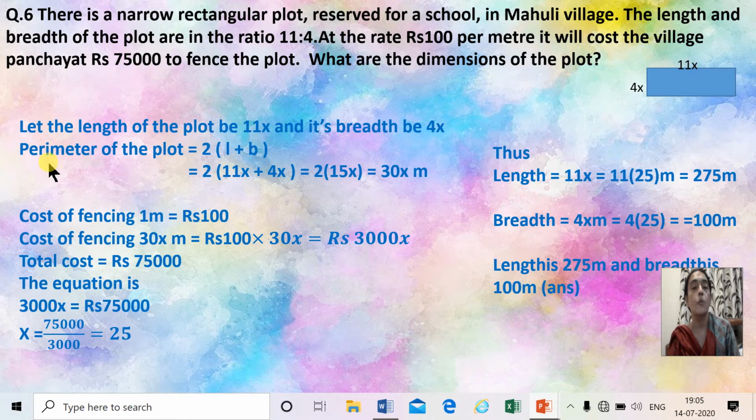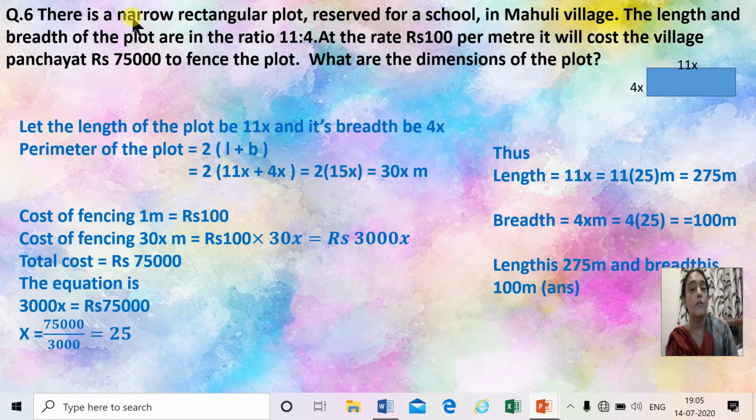So perimeter of the plot is equal to 2 into (L plus B), which is equal to 2 into (11x plus 4x), which is equal to 2 into 15x, and that is equal to 30x meters.